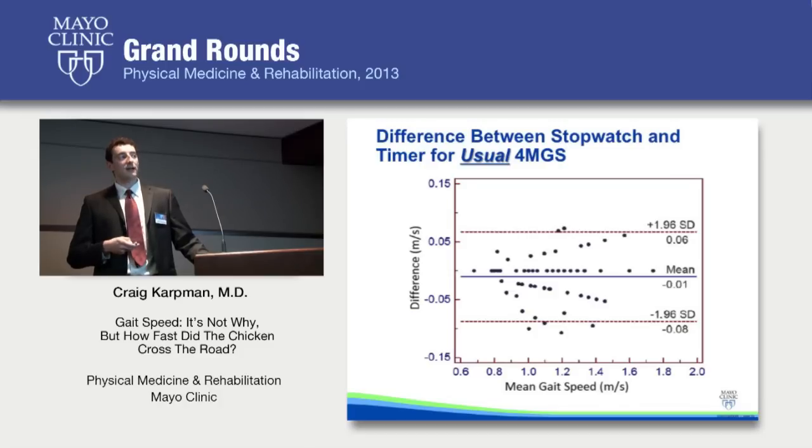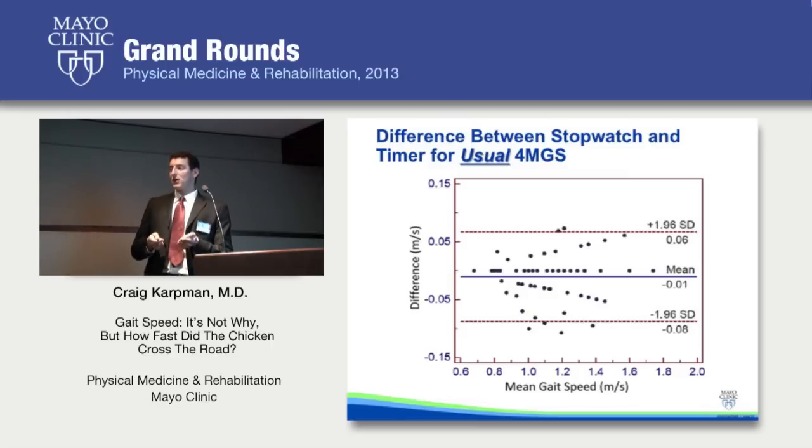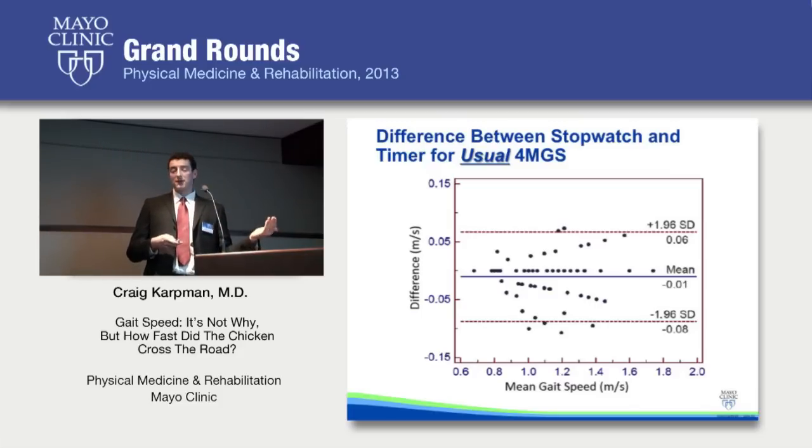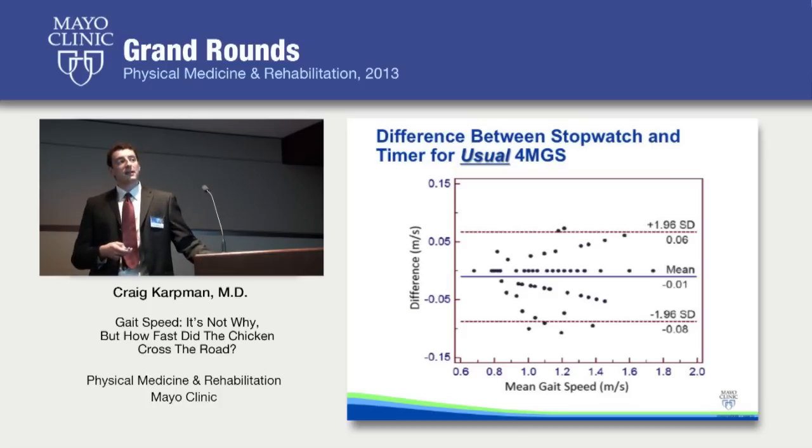And if a dot falls right here, that means that there is no difference at all between the stopwatch measurement and the automated timer measurement. And if the dot falls right here, that means that the difference was 0.06 meters per second in the one measurement versus the other. The key here is that the mean difference was very small, and the 95% confidence interval for that range was also fairly small at 0.06 meters per second and minus 0.08 meters per second.